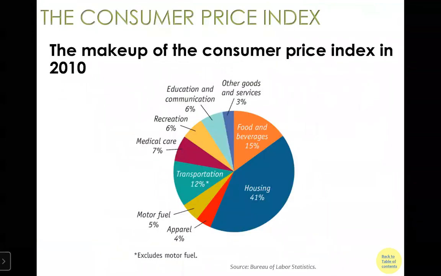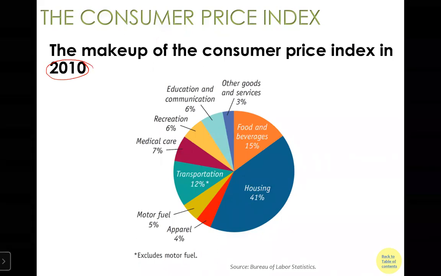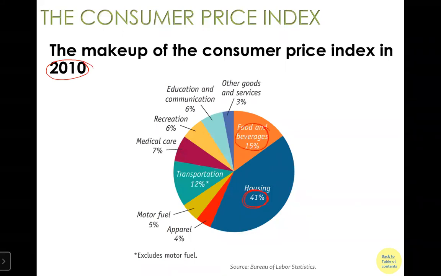Here, just to give you an idea, how does this market basket look in reality? This is for the US economy in 2010. This market basket may adjust over time, because households may adjust their consumption patterns. In 2010, housing consists of 41%, the next big one is food and beverage, and after that transportation, medical care, and so on.